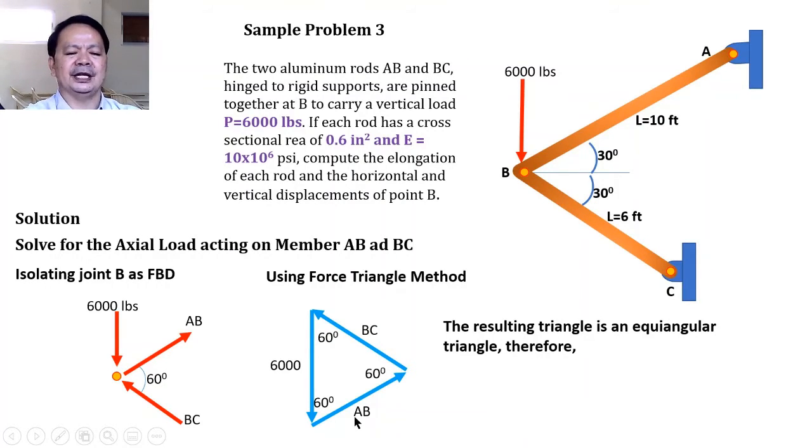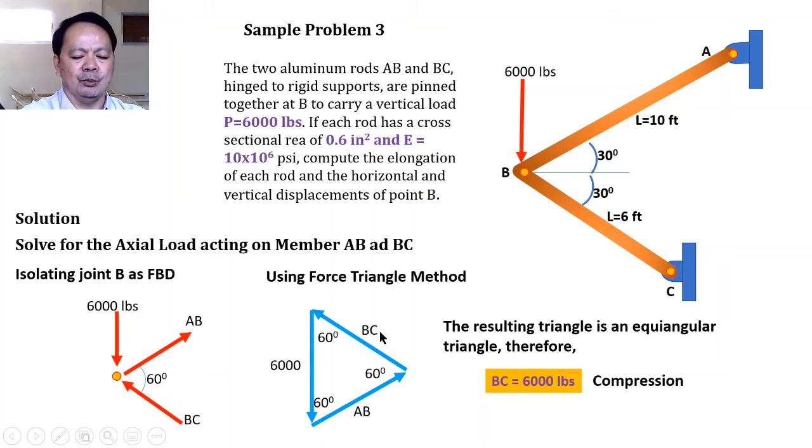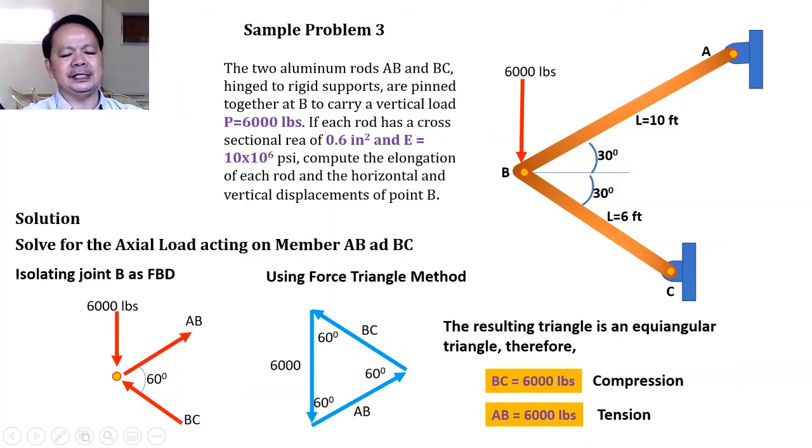And therefore, the sides shall be equal, and hence we expect that the side BC representing this force shall also be equal to 6,000 pounds, and which is subjected to compression, while the side AB is also equal to 6,000 pounds, and that is subjected to tension. Now, if BC is in compression and AB is in tension, therefore, we would expect that BC will be shortened and AB will be elongated.